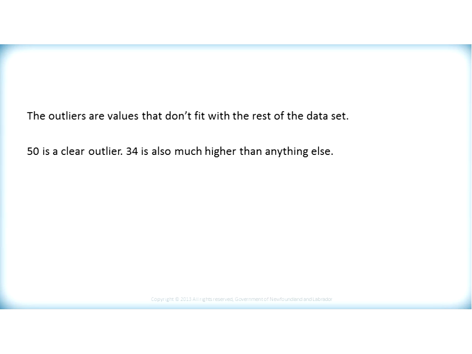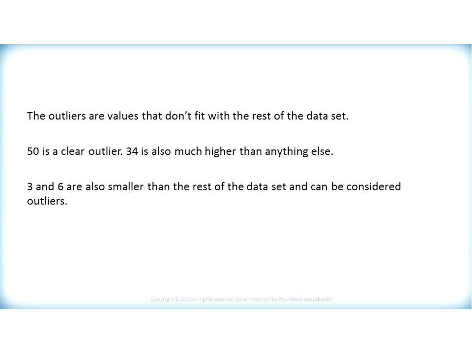All the other data numbers are within about 2 or 3 of each other as you go progressively higher. 3 and 6 can also be considered outliers. Some may argue with that statement, but they are smaller than the rest of the numbers. All the numbers seem to fit between 10 and 21 fairly succinctly, except for the 2 at the very ends, both larger and smaller than the middle data.